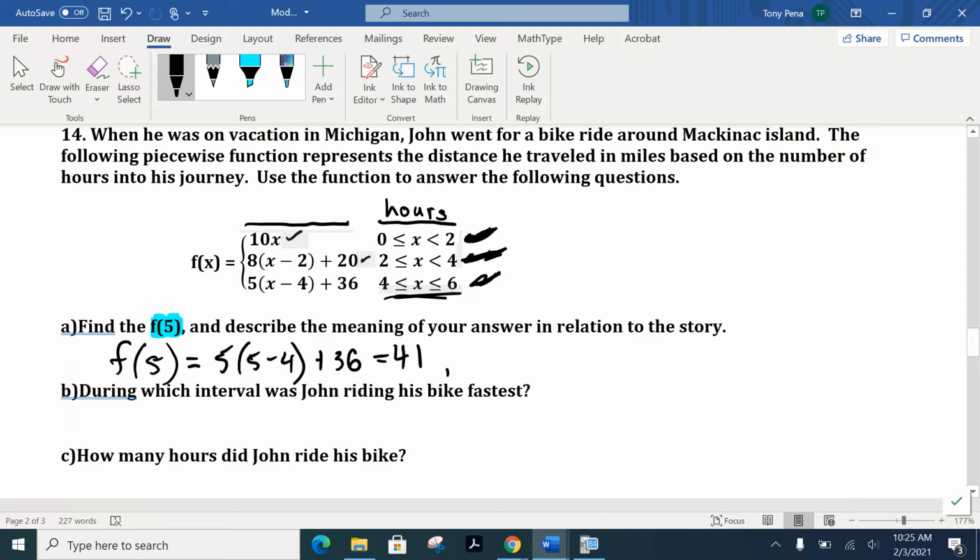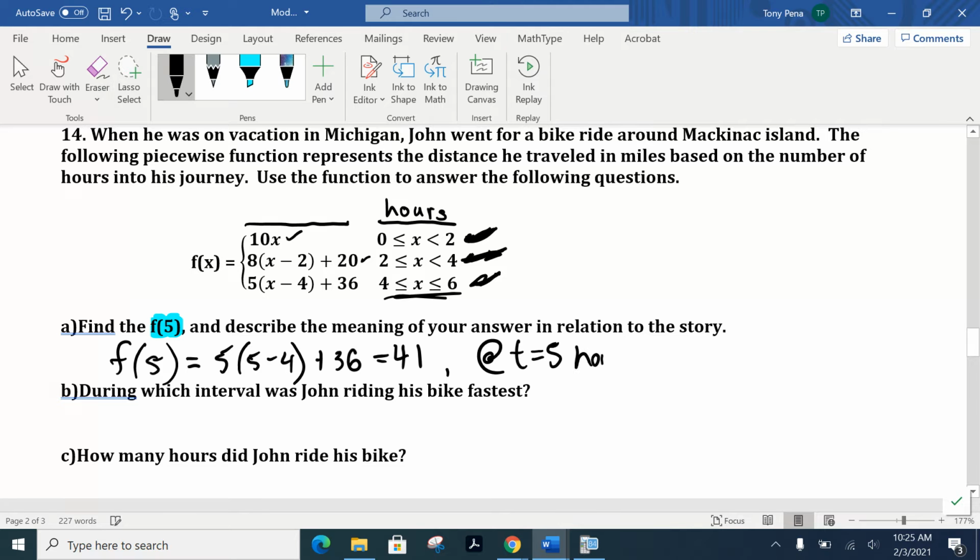So what we've just found, we did deal with minutes. What this means is at the time of 5 minutes, because 5 gets plugged in for, I'm sorry, hours. Sorry, confusing myself there. There we go.